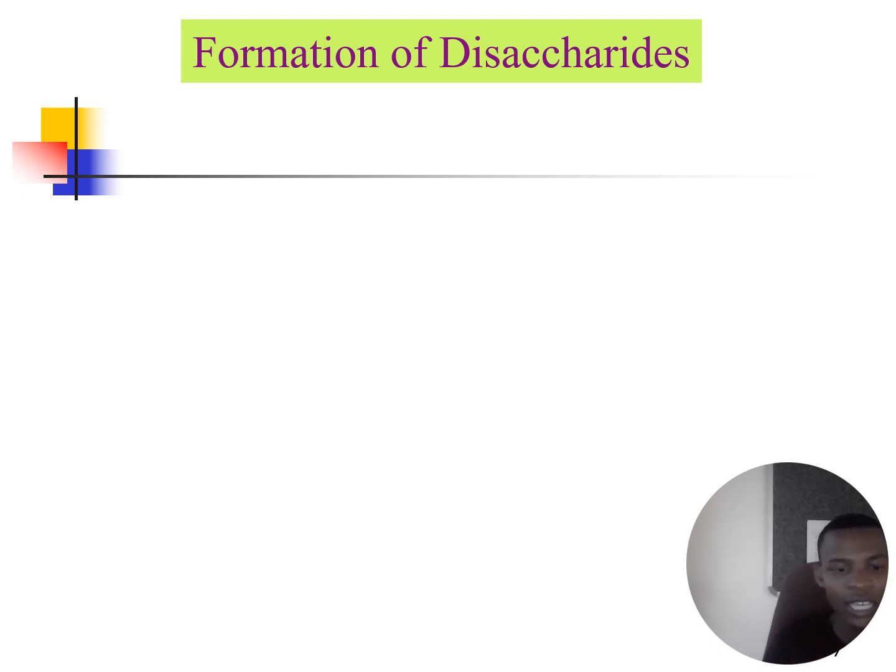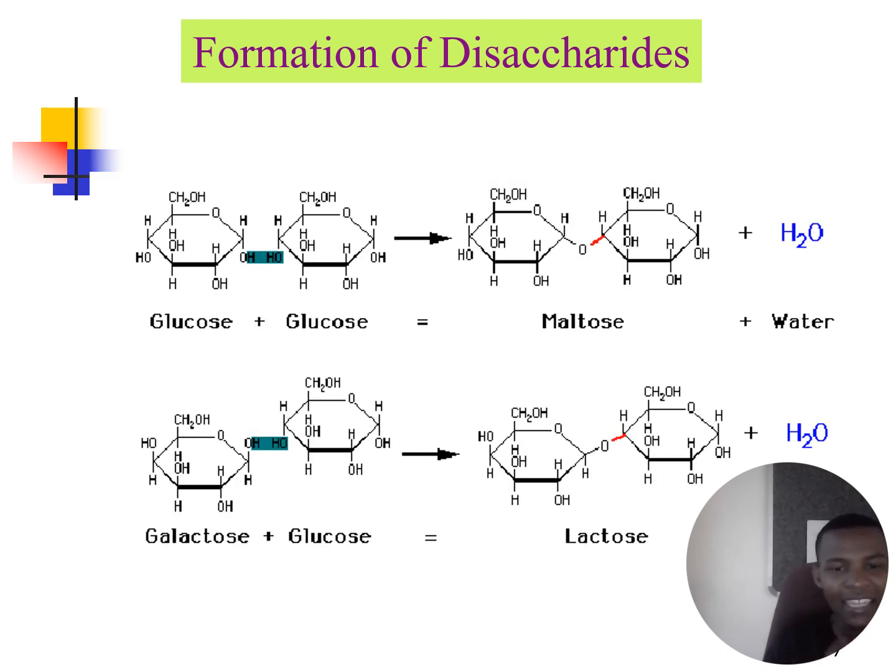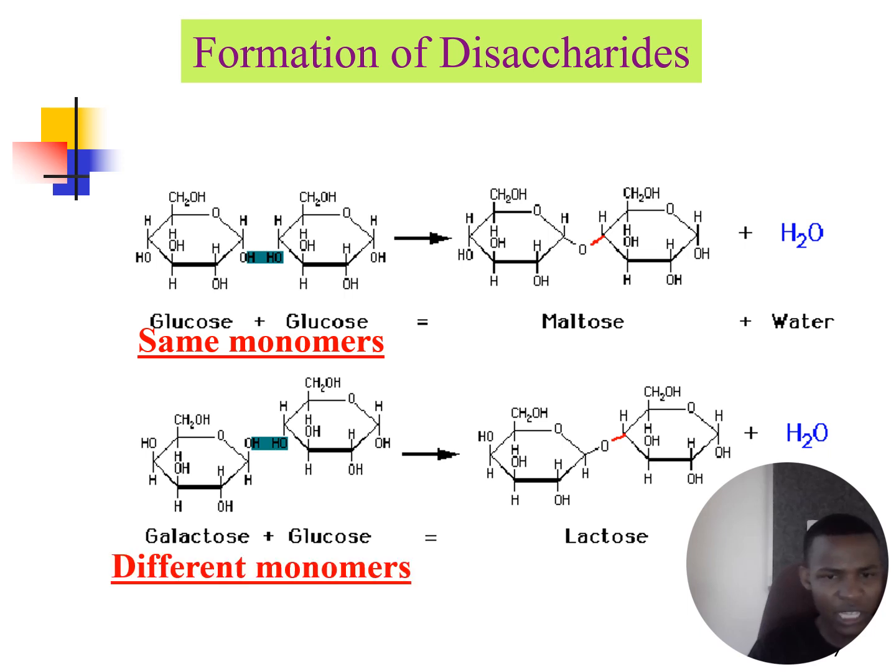Now let us take an example of the other disaccharides. Here you are bringing glucose and glucose, the same monomers.